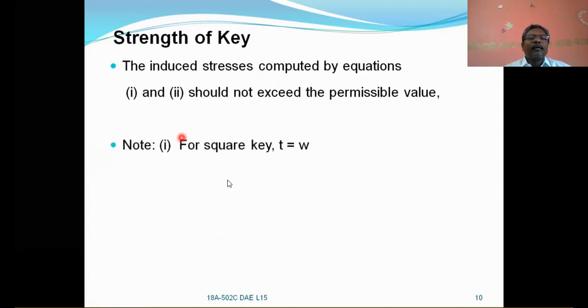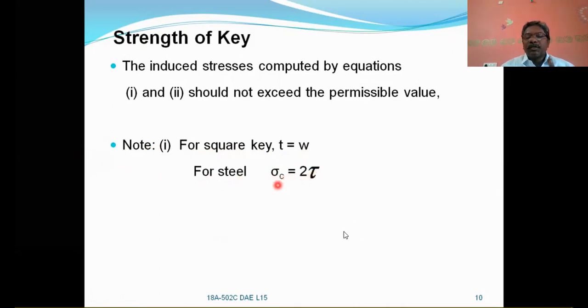A special case: these two equations are for a rectangular sunk key. If it is a square key, t is equal to W. For a square key, and for steel, sigma c is equal to 2 times tau.